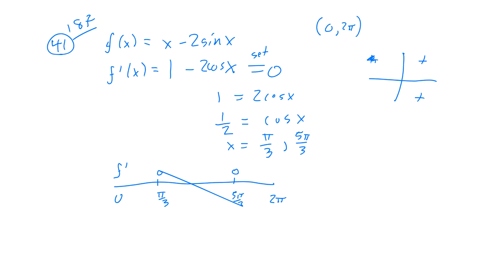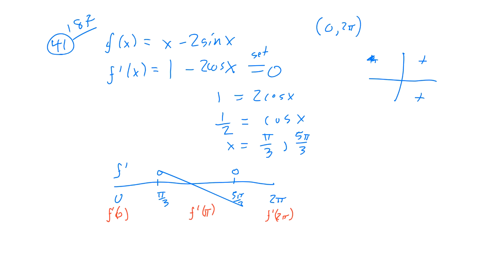So let's see, we need to test intervals now. Obviously, in the first interval, I can test 0. In the second one, I can test pi. And in the third one, 2 pi. So I need to plug those into f prime and see whether I'm getting something which is positive or something negative.